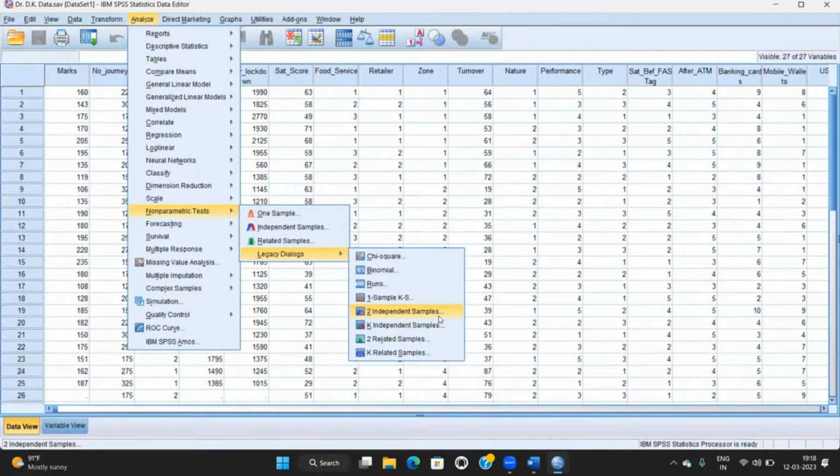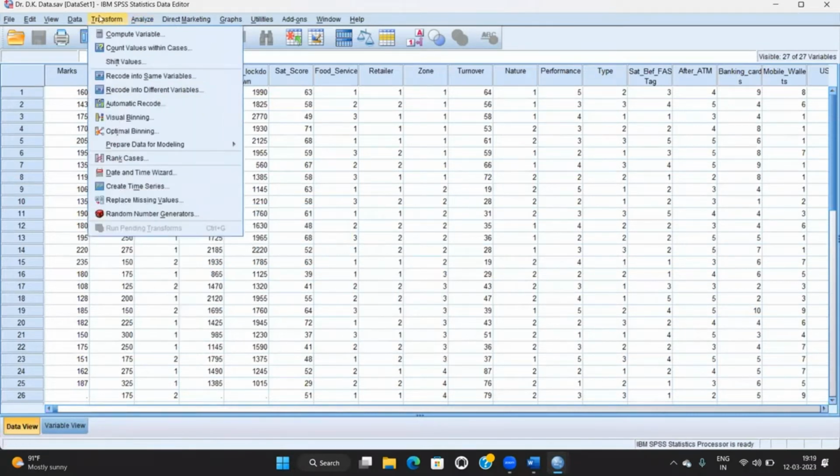That is what we have to apply because there are only two independent samples, managerial employees and technical employees. Since the data is given as ordinal data, we are applying this test. If it is scale data, we can straight away go to the independent samples t-test.